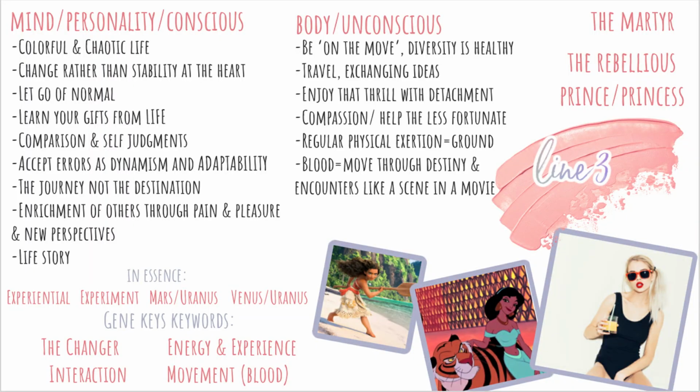The blood that is associated with the third line has to do with being here in this life to move through destiny and encounters, like a scene in a movie.